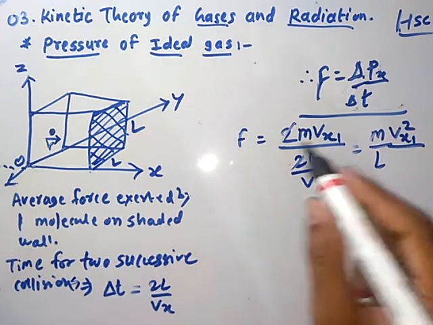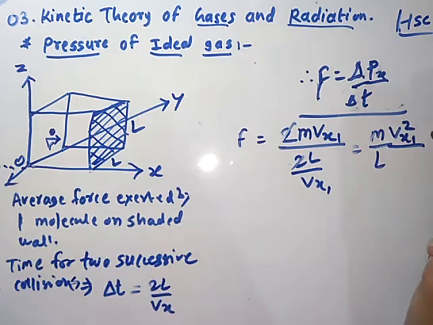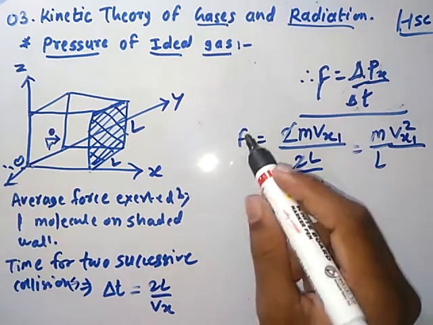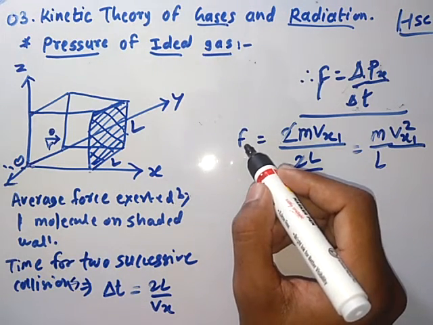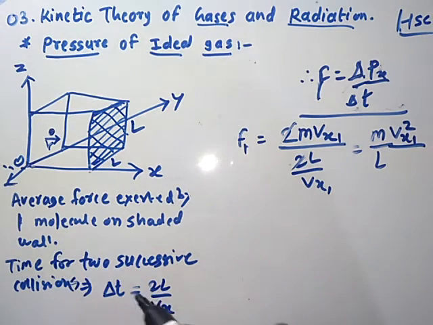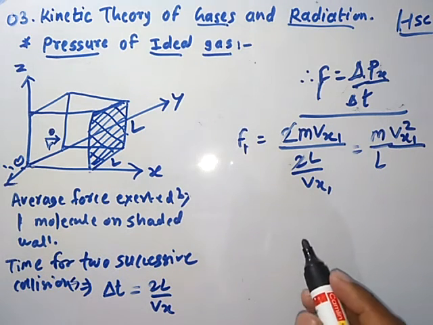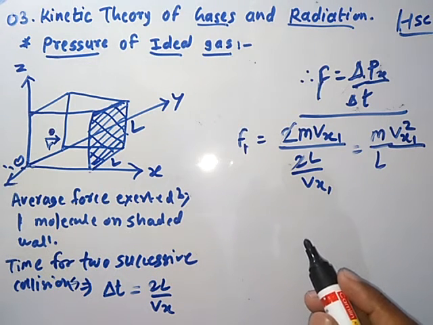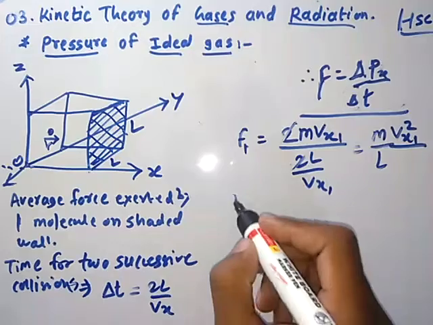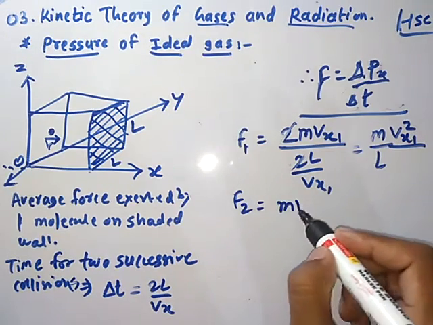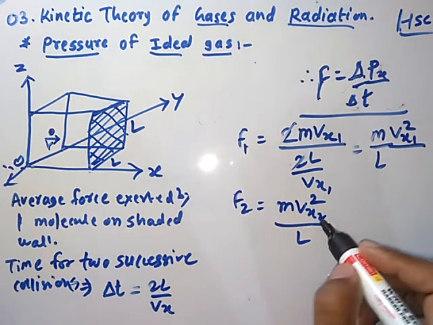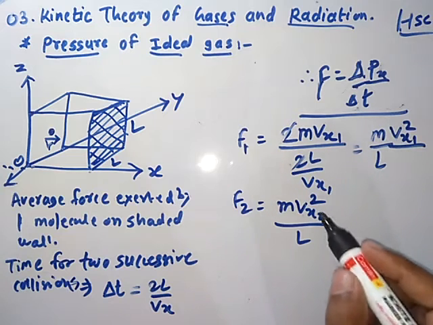So the force by the first particle on the shaded wall, on average, is m vx1 square divided by L. If we construct the average force for the second molecule, then F2 is equal to m vx2 square divided by L. Mass and L are constant, but velocity is changing; vx2 is the velocity of the second molecule.